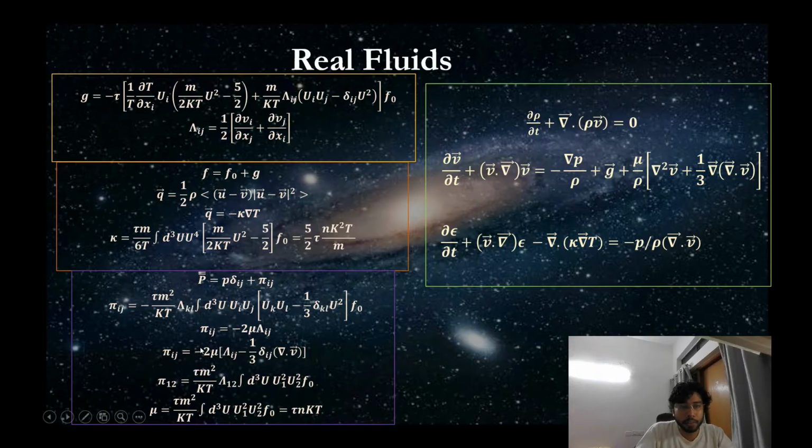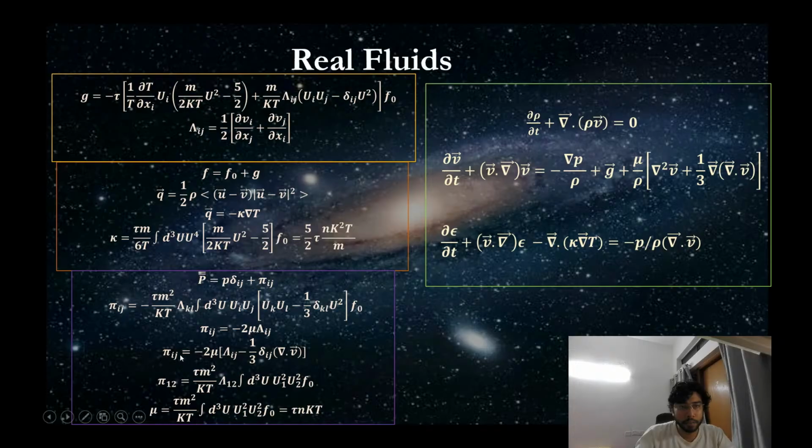So in order to have a zero trace for pi_ij, you need to define pi_ij like this. By trace I mean the summation of the diagonal components of the matrix, represented as the summation of pi_ii.